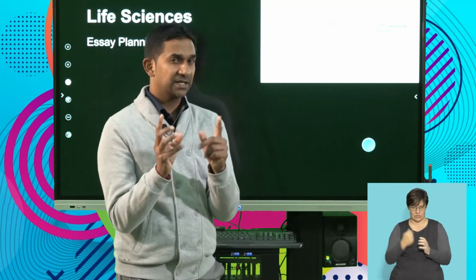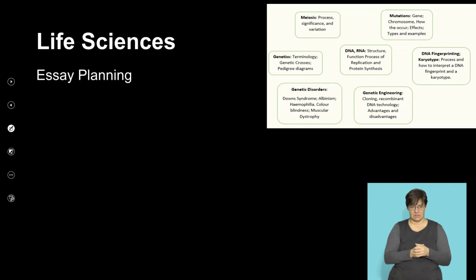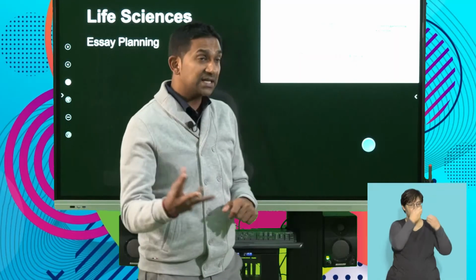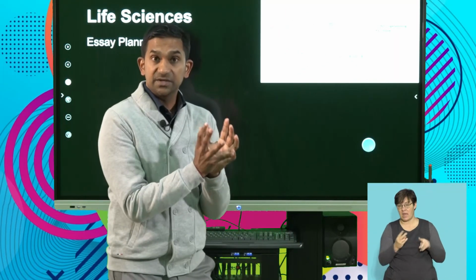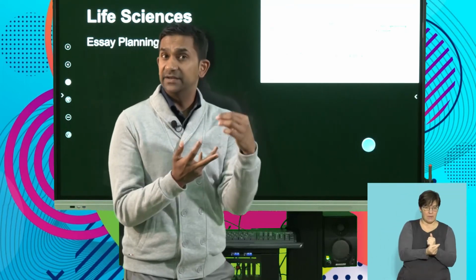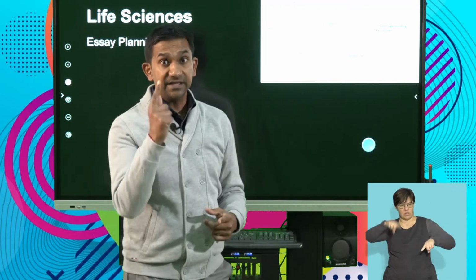So we know that in meiosis we can discuss the process, the significance of the process of meiosis, as well as how it produces variation. If you were preparing on meiosis, know the process, know how it occurs, and give a sense of what happens that produces variation and its importance.